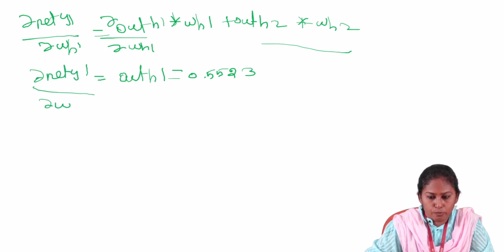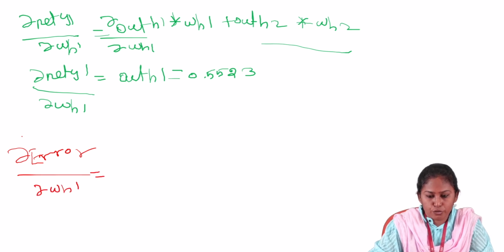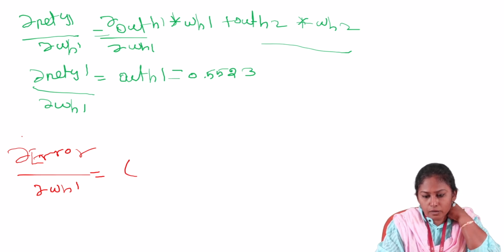That is the output of dou net y1 divided by dou wh1, right? Now we have done all these steps to calculate the value of dou error with respect to dou WH1, the gradient with respect to H1. The first value is -1.